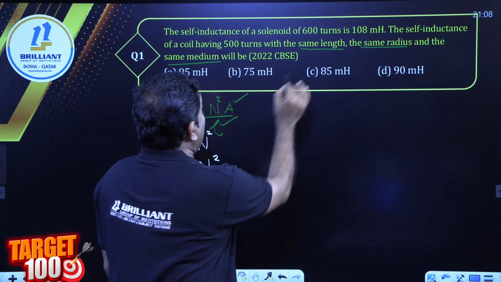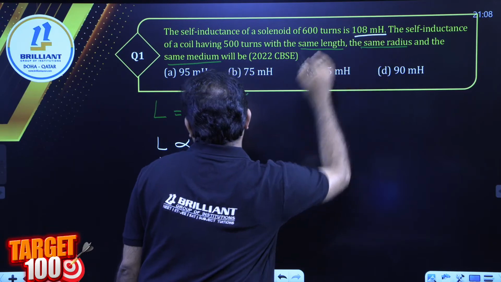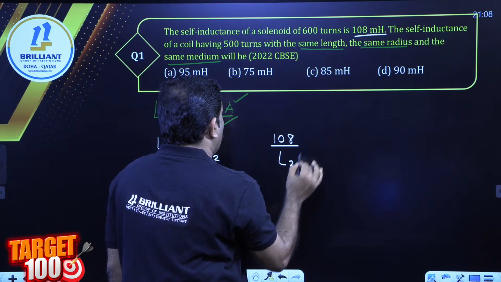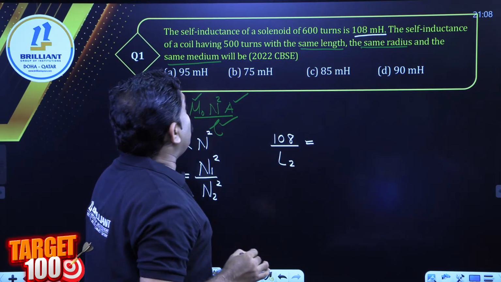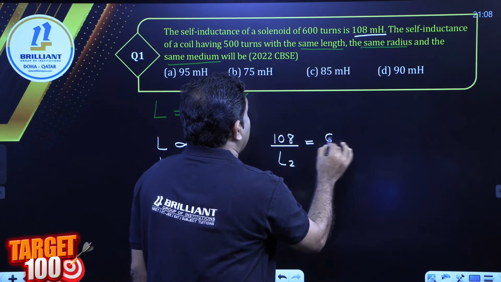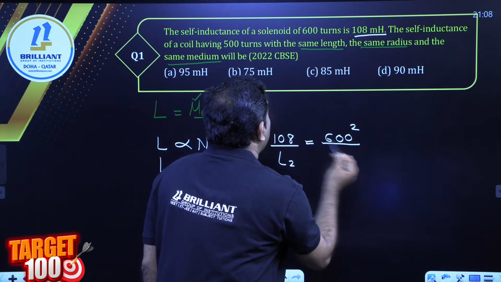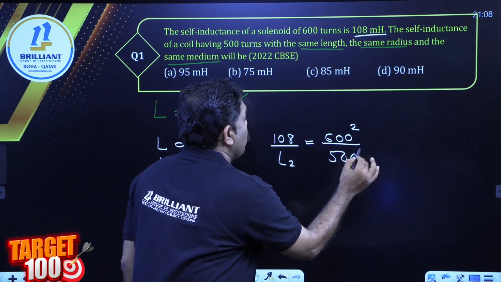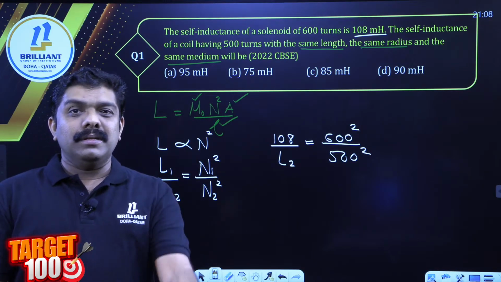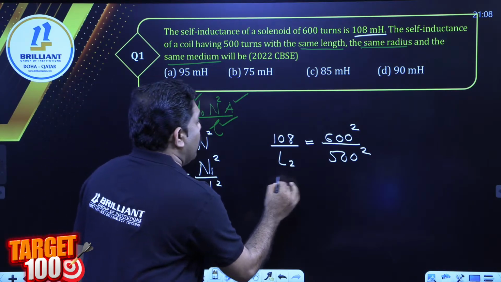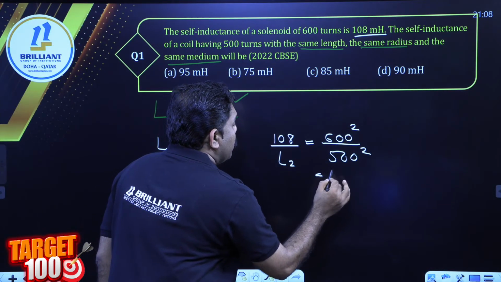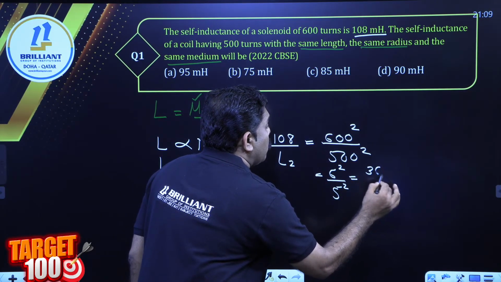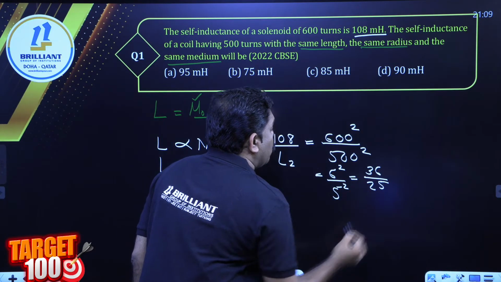L1 is 108 millihenry. So 108 divided by L2 equals n1 square, which is 600 square, divided by n2 square, where n2 is 500, so 500 square. Simplifying, you will get the L2 value. Cancelling, this is 6 square divided by 5 square, which is 36 divided by 25.